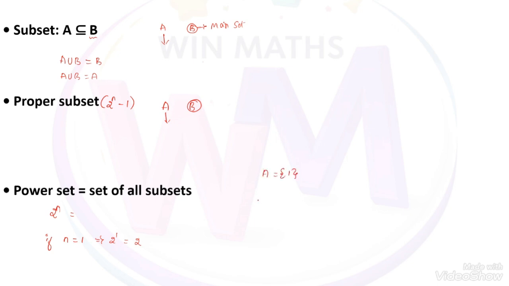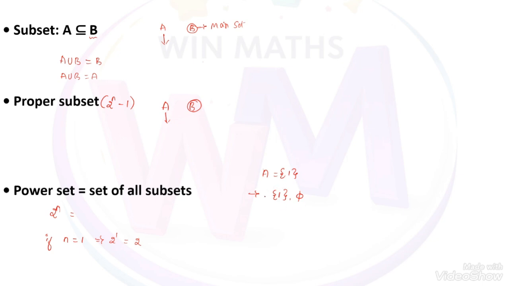Then it has two subsets: one is the set containing 1, another one is the empty set. The important result is that the empty set is a subset of every set.